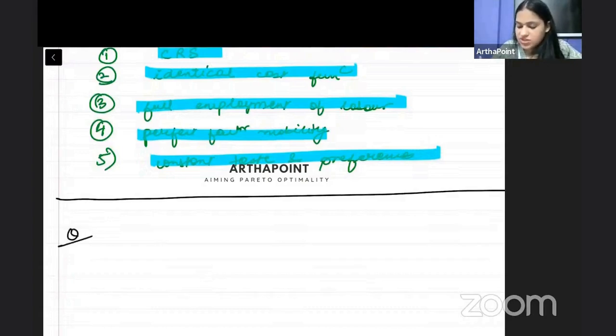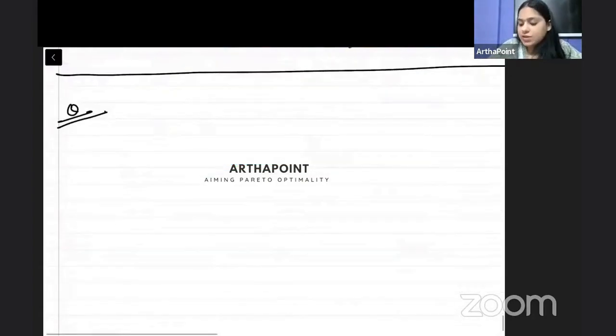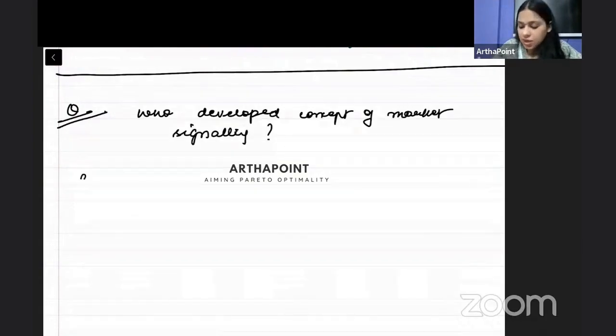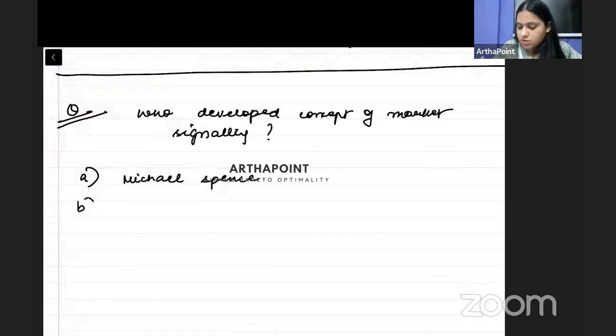So, next question, beta. Who developed the concept of market signaling? मार्केट सिग्नलिंग के कॉन्सेप्ट को पहले किसने डेवलप किया था? ऑप्शन नंबर A, Michael Spence. ऑप्शन नंबर B, Kaldor. ऑप्शन नंबर C, Garrett Hardin.